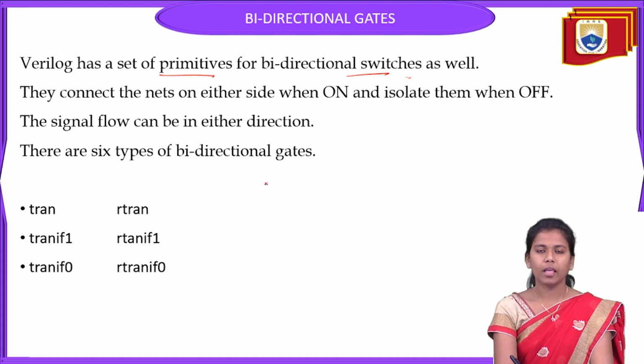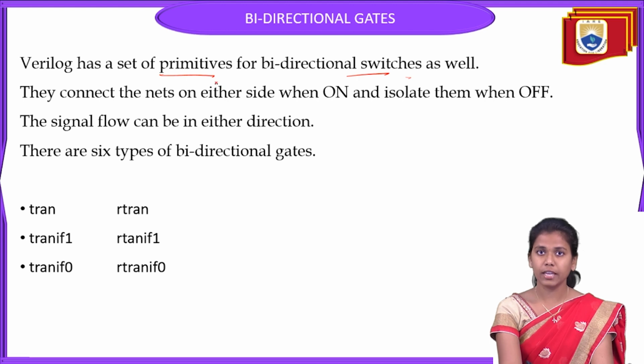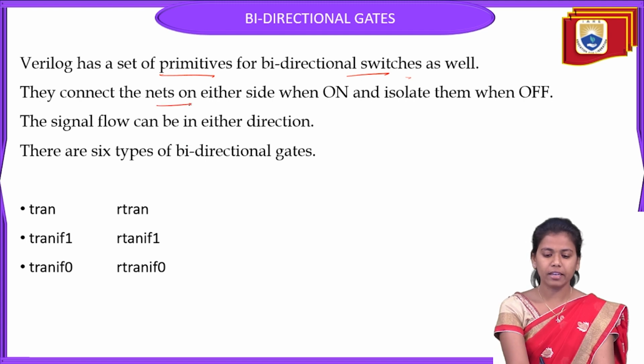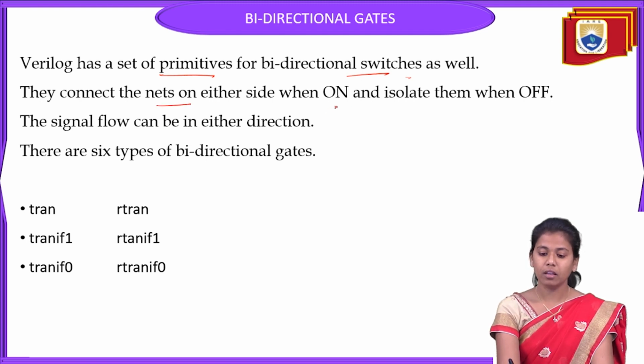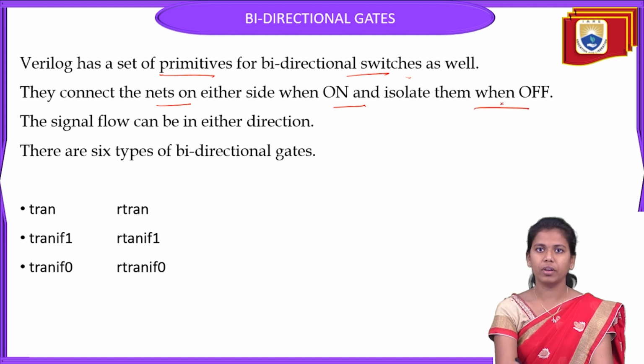The Verilog library not only has gate primitives, but along with them also the bidirectional switches. They connect the nets on either side when on and isolate them when off.